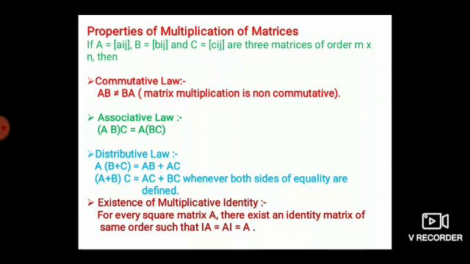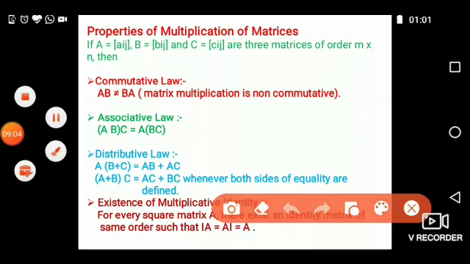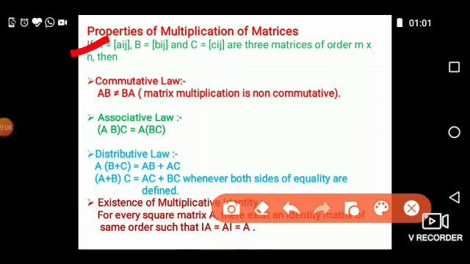Properties of multiplication of matrices. If A, B, C are three matrices of order m cross n, then we have the commutative law, that is, what is called matrix multiplication?